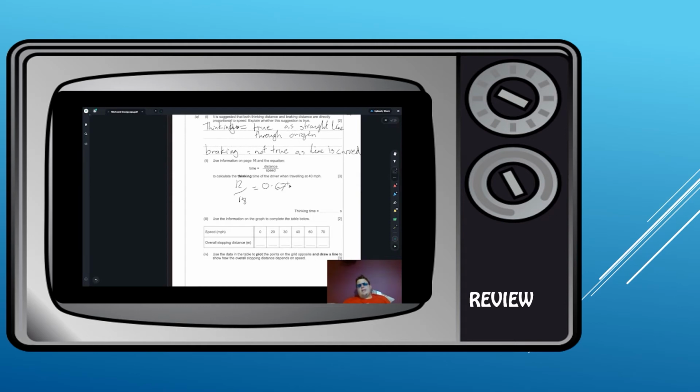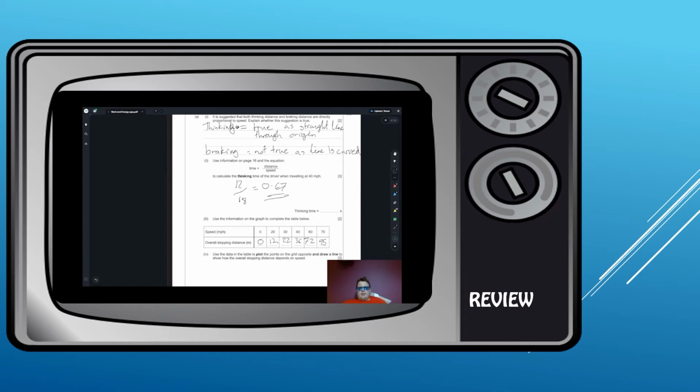Now take care with your calculators, because that's probably 0.6 recurring. So we round, don't forget we need to round that. Then we've got to work out the overall stopping distance. So we do this by adding the 2 points up. So that's 0, 12, 22, 36, 72, and 95. There is a little bit of leeway, and you can get one wrong and still get all 2 marks.